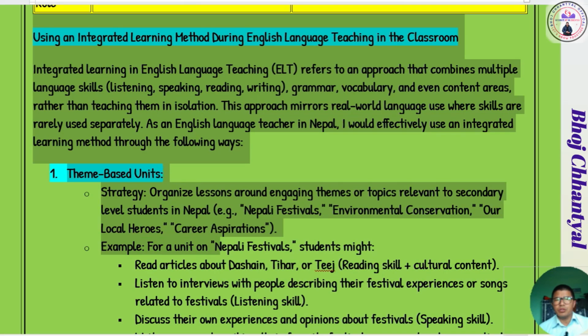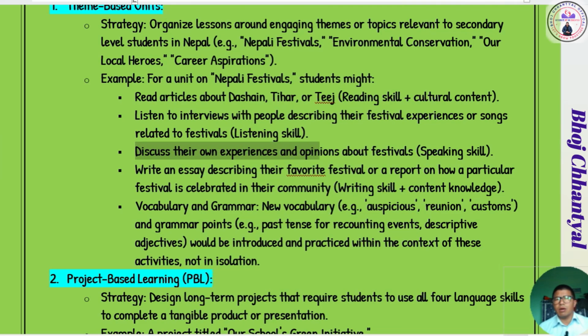Example, for a unit on Nepali festivals, students might read articles about Dashain, Tihar, teaching reading skills plus cultural content, listen to interviews with people describing their festival experiences or songs related to festivals, listening skill, discuss their own experiences and opinions about festivals, speaking skill, write an essay describing their favorite festival or report on how a particular festival is celebrated in their community, writing skills plus content knowledge.